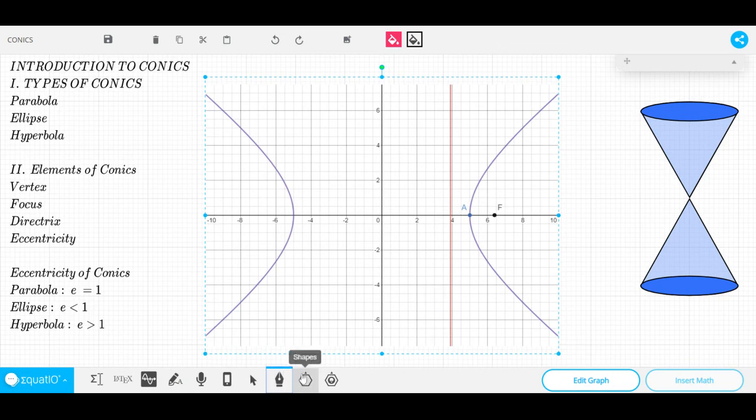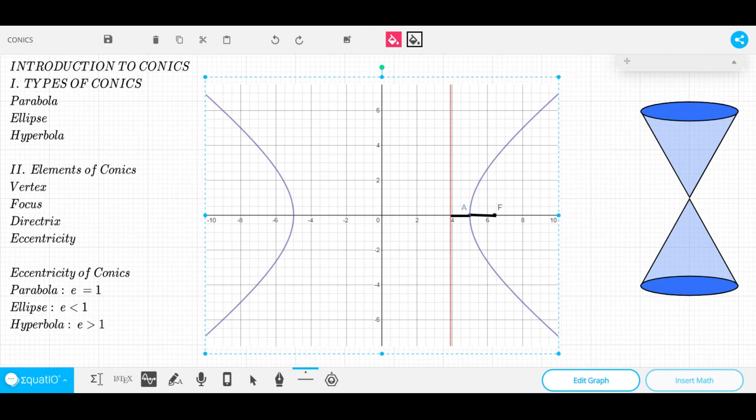Again, I'm going to choose a point on the hyperbola and let it be A, which is also a vertex. AF over distance from A to the directrix is greater than 1, since AF, according to this graph, is greater than the distance from A to the directrix, which makes the eccentricity of a hyperbola always greater than 1. We could choose any point.